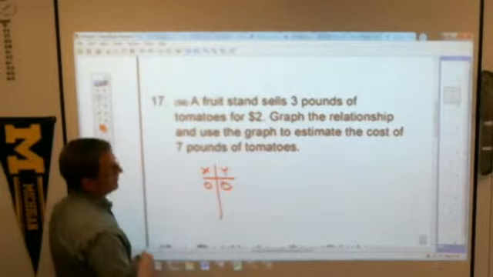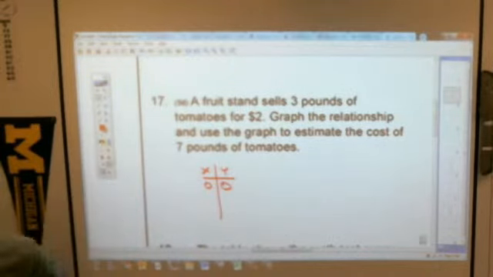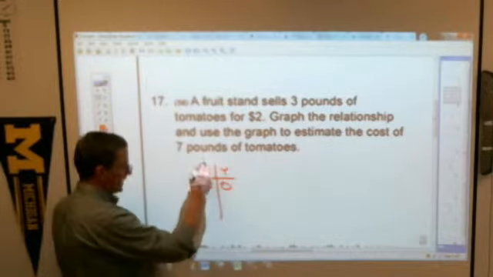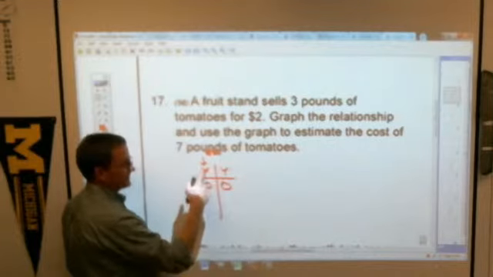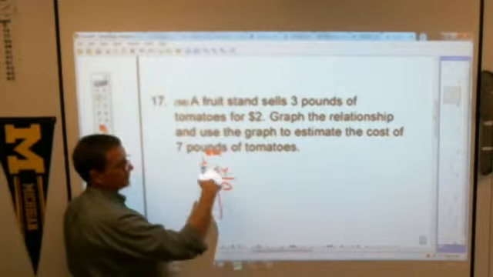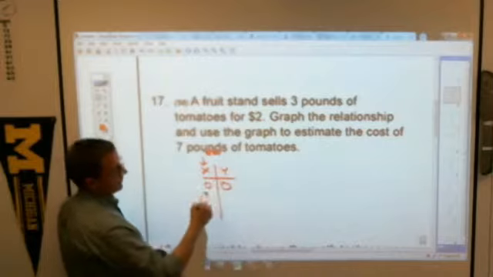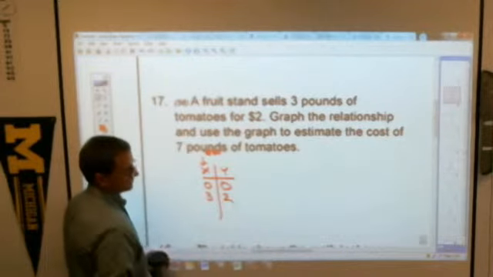It said that 3 pounds cost $2. The question is, which one are you making the pounds, and which one are you making the dollars? X would be the pounds, because you always take pounds times whatever much to get the cost. So 3 pounds costs $2.